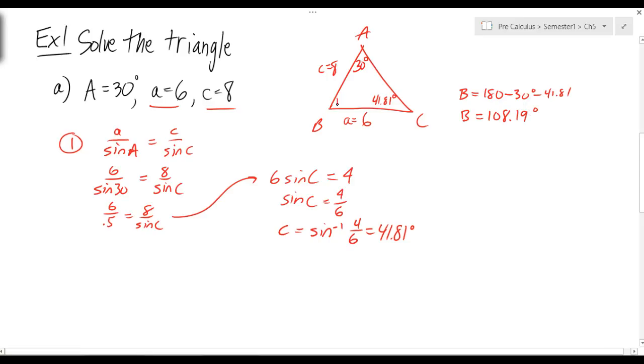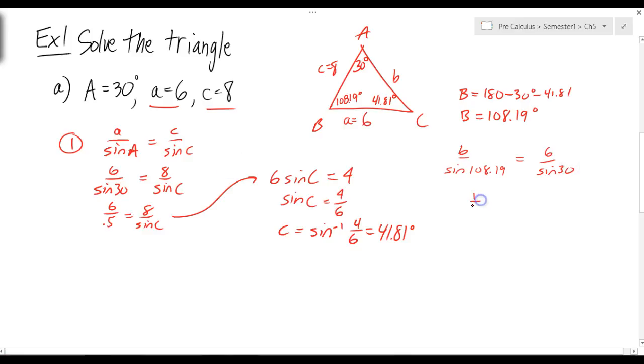Now the only thing left to do is to find side length B. And so we can use one of those sines again. We can say for the sine of 108.19 to A, b over the sine of 108.19 equals 6 over the sine of A, 30 degrees.